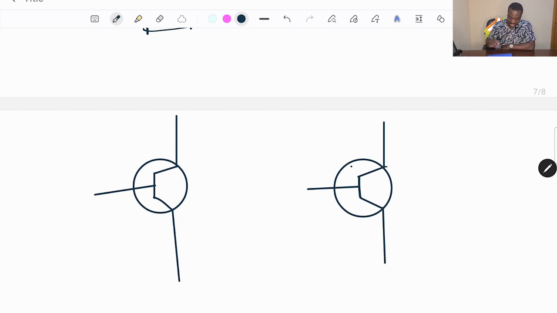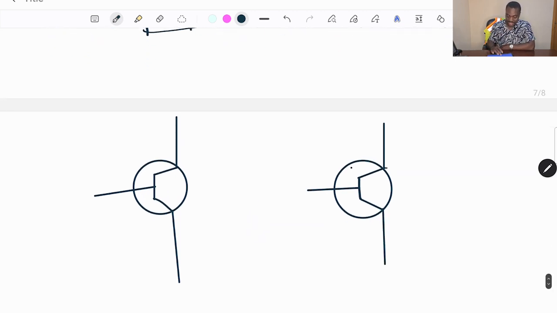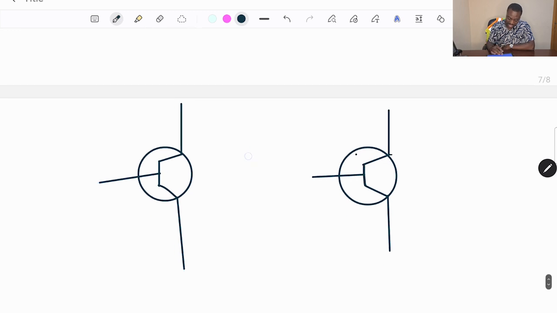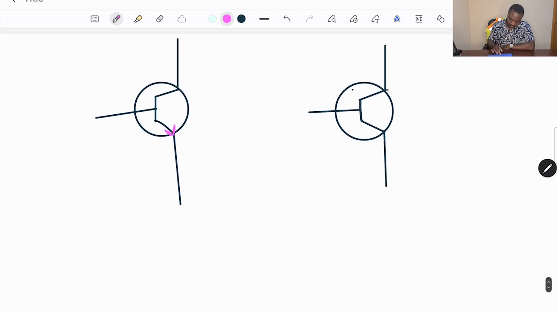Now the difference is just going to be the current direction in the emitter terminal. So here, let's say this is our emitter terminal. I'm going to indicate the current direction. If the current direction is leaving the emitter here, that means we refer to this as NPN.